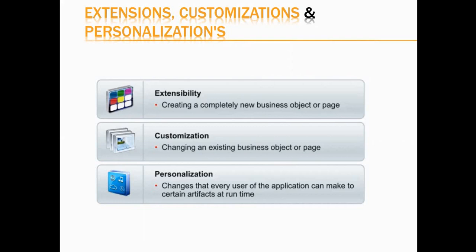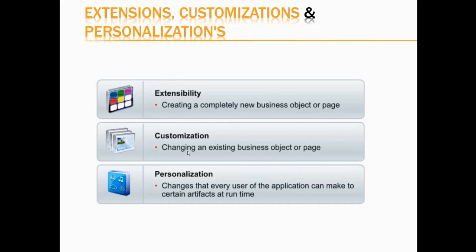We have three kinds of flex fields: descriptive flex fields, extensible flex fields, and key flex fields. Using flex fields you can add more user defined attribute fields over the screen. We can call that extensibility, but if you want to add a new attribute or a new field over the screen, then you will go with the flex fields, basically.